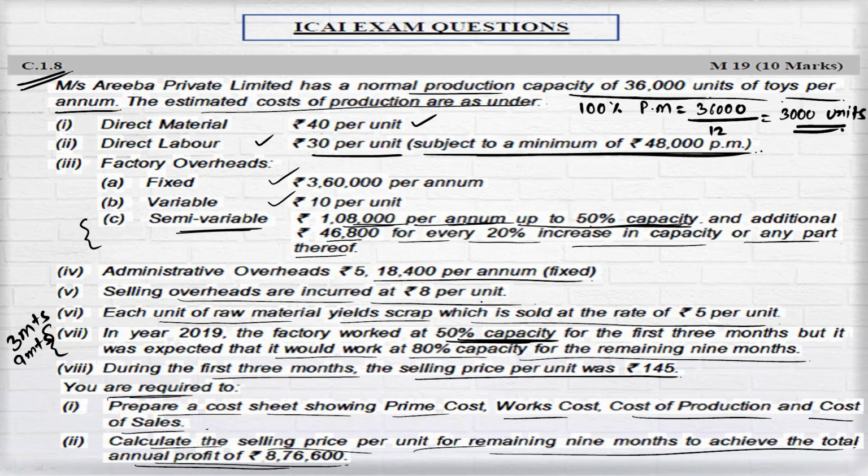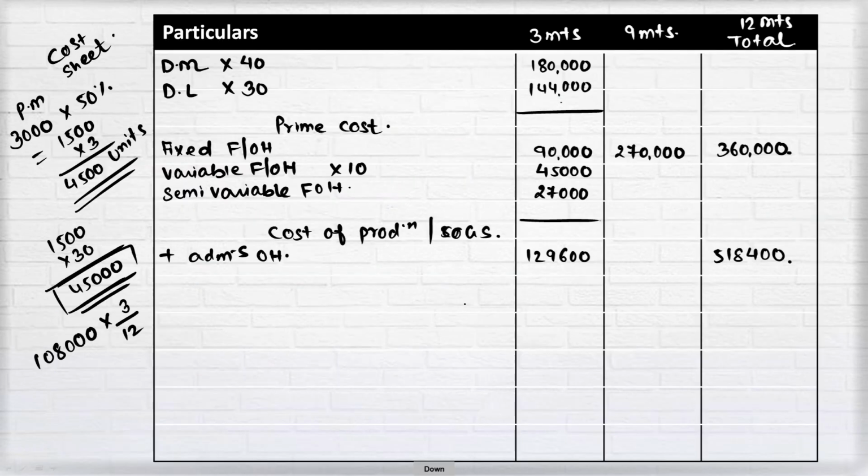Selling overhead is incurred at 8 per unit. Yes. Then also it does not matter. But understand, administrative overhead normally should be treated as a selling part and not as a production part. The administrative overhead added in cost of production is like research and development, testing, quality control.